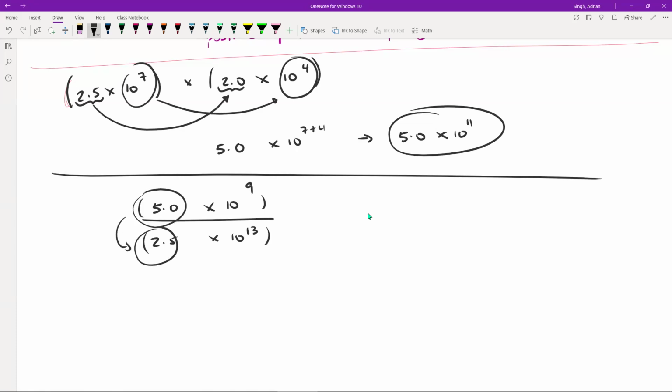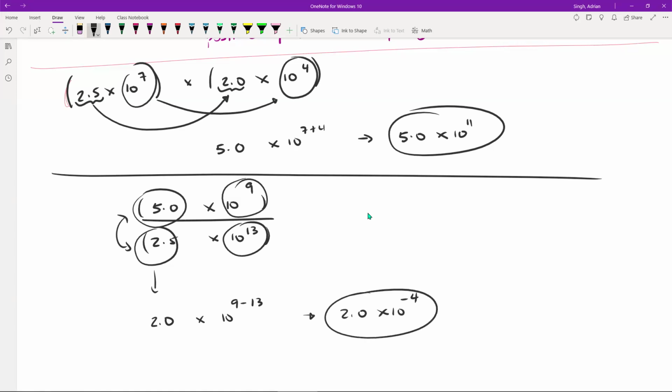So 5 divided by 2.5, that's going to give me 2.0. And now 10 to the 9 divided by 10 to the 13. So that's 10 to the 9 minus 13, because I'm dividing, I subtract them. So this ends up being 2.0 times 10 to the 9 minus 13, which is the same as minus 4. So I'll end up with 2.0 times 10 to the minus 4.